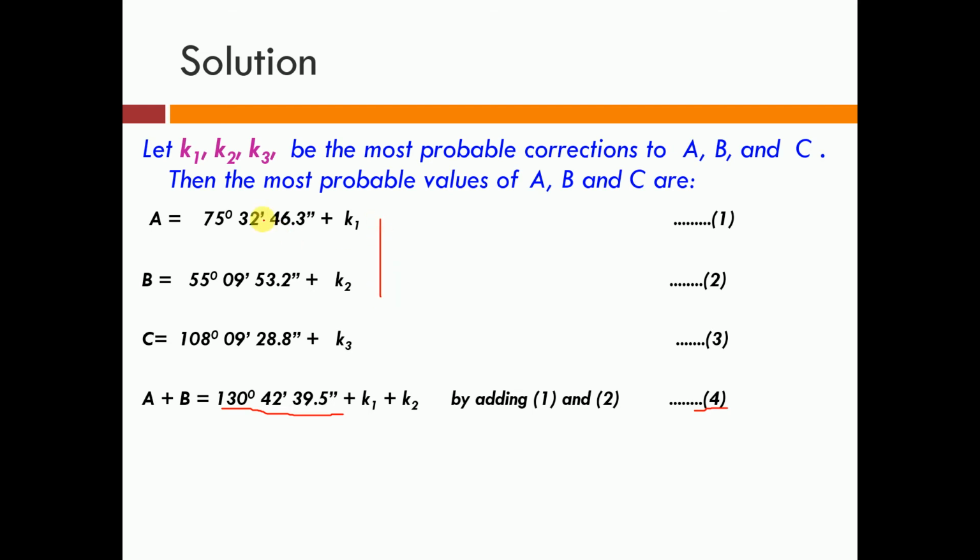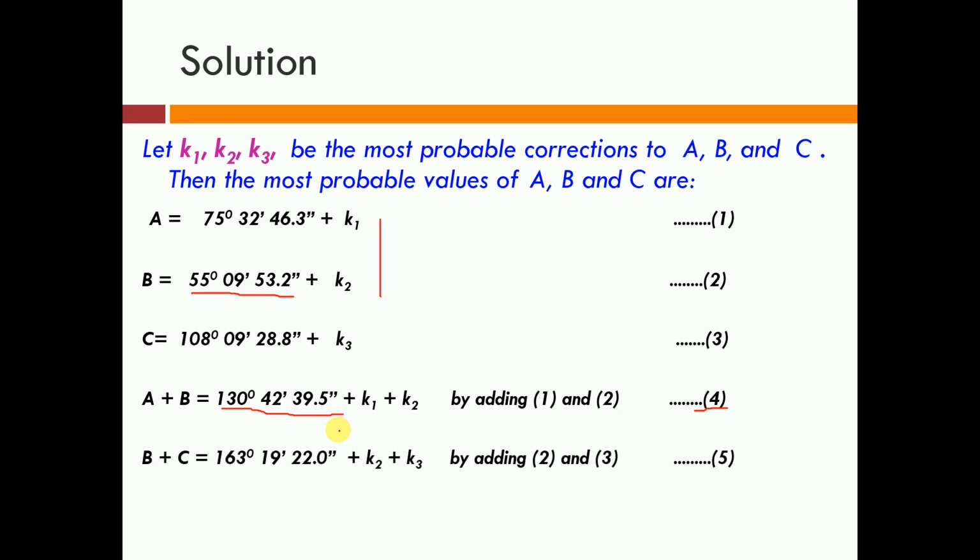So 75 degrees 32 minutes 46.3 seconds plus 55 degrees 9 minutes 53.2 seconds, and the addition of this is equal to 130 degrees 42 minutes and 39.5 seconds.